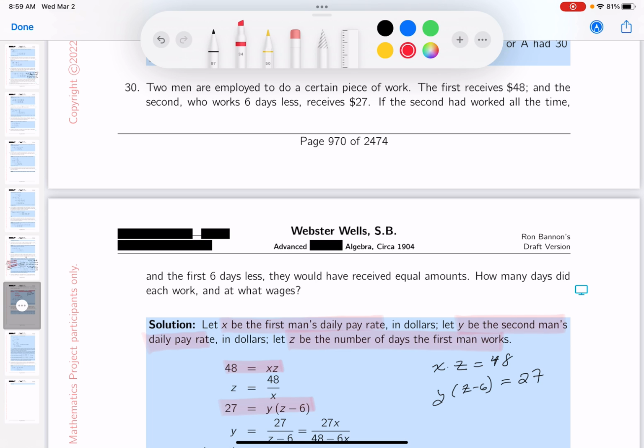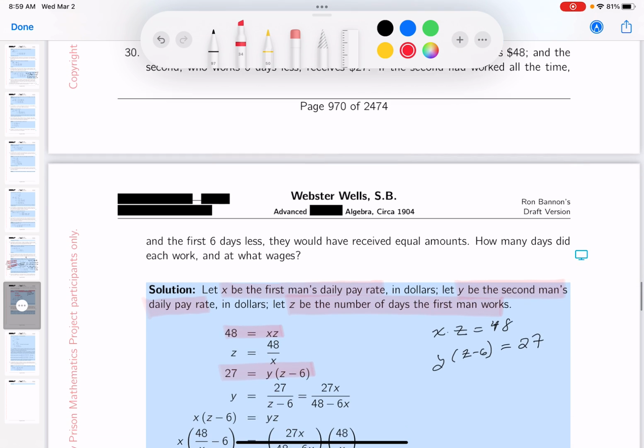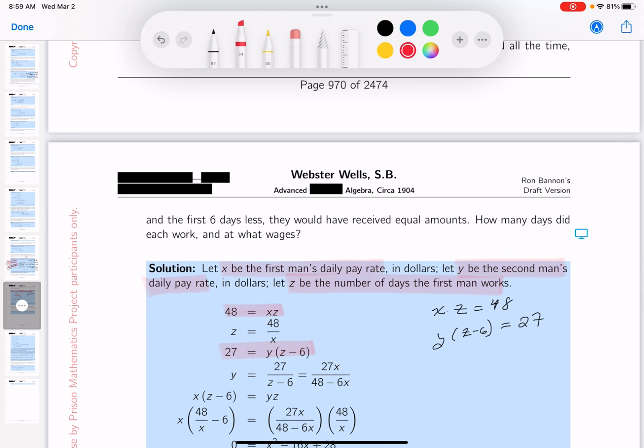If the second had worked all the time, well, that means the second worked all the time. Whoops, sorry about that. So second works all the time. That means works for Z days. Just like the other guy, all the time. What's his daily rate? Y. This is the second guy.